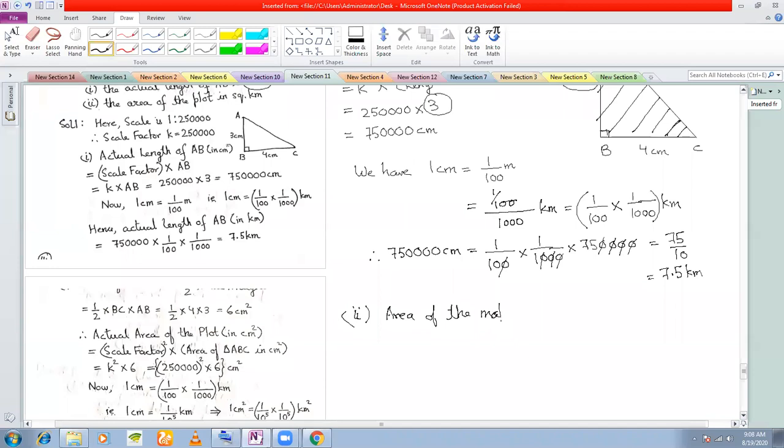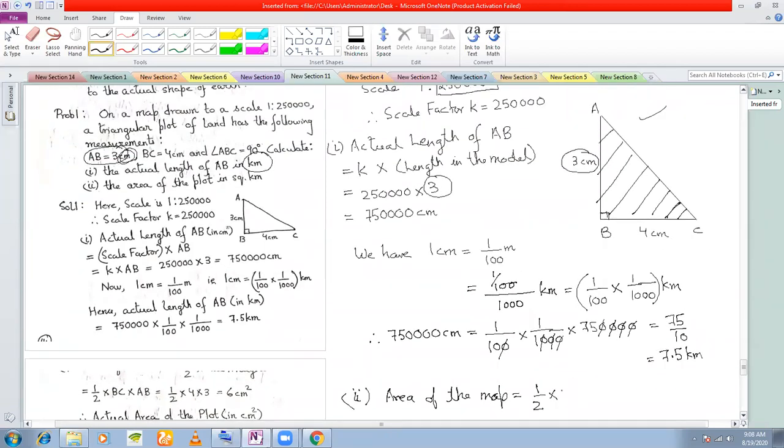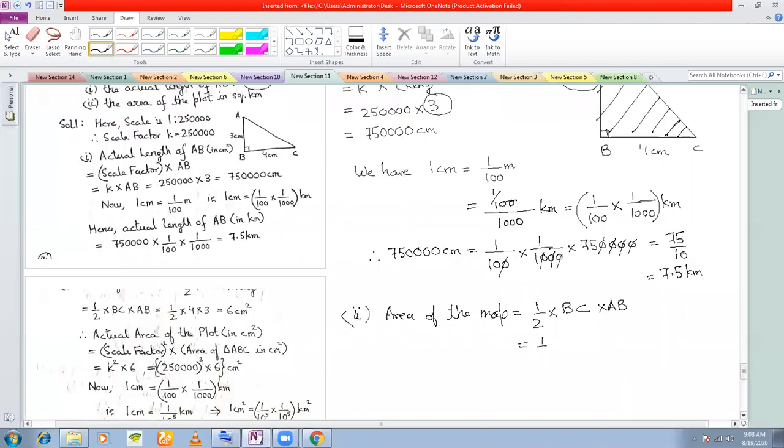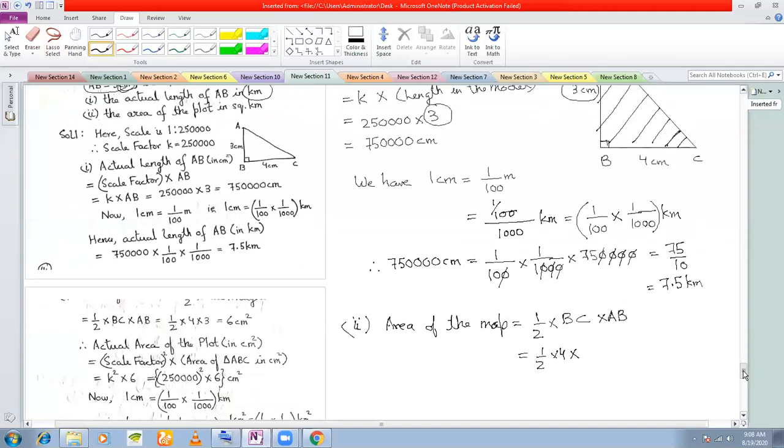Area of the map is equal to half into base BC and height AB, which is half into 4 into 3, which is 6 centimeters square.